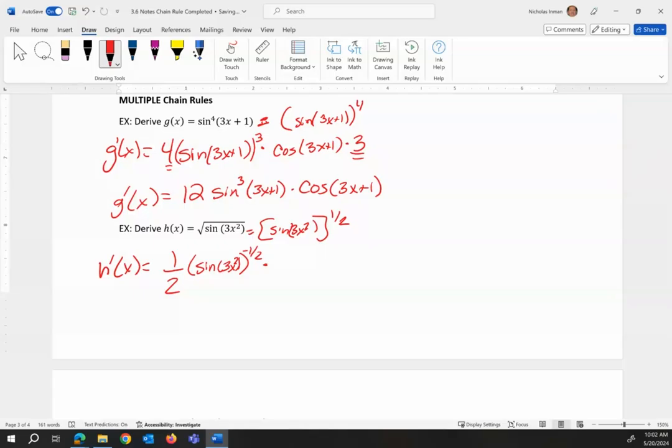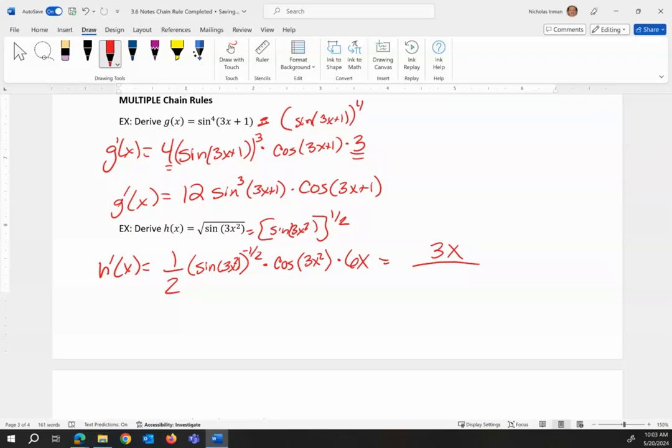Well, the derivative of sine is cosine. But since there's more inside of this than just an x, I have to do this derivative as well. 3 times 2, that's 6x. All right, so putting this all together, this negative exponent is going to go to the bottom. This 2 and this 6 are going to reduce and make a 3x.